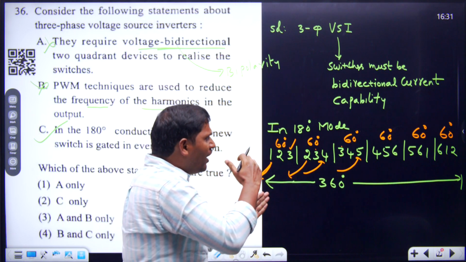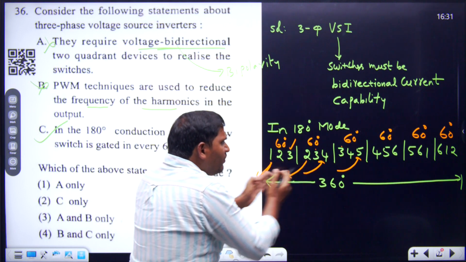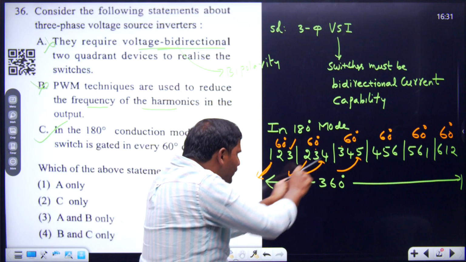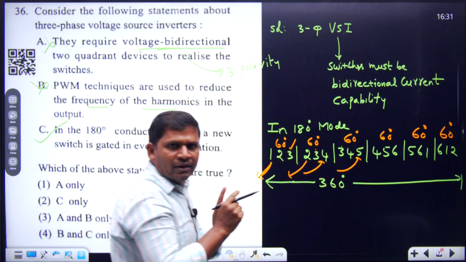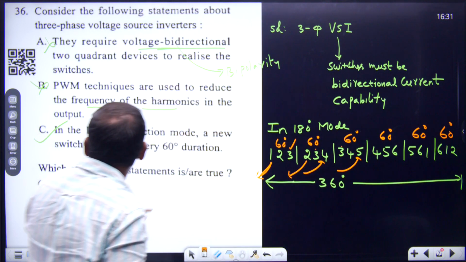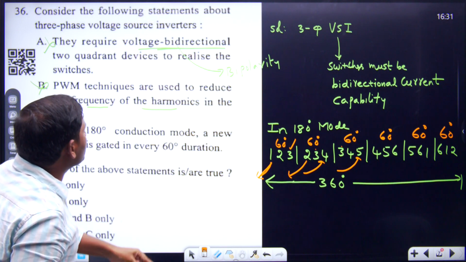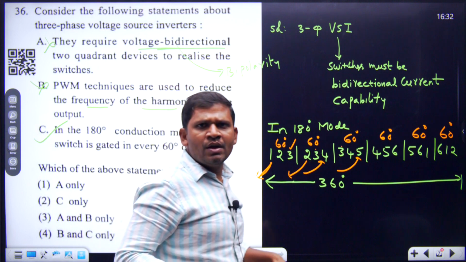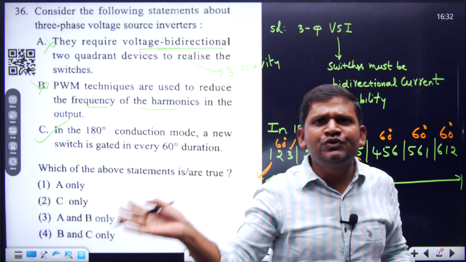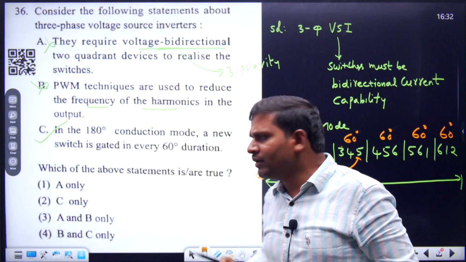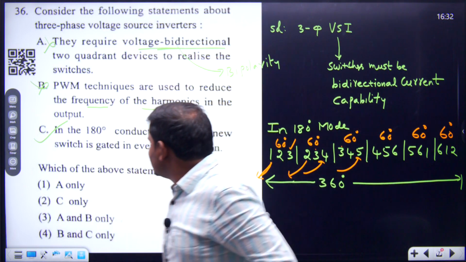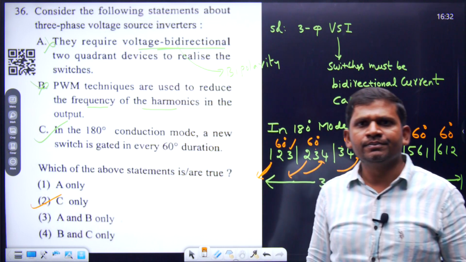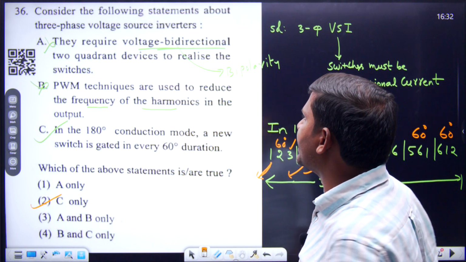That means for every 60 degrees, one switch is turned off and another switch is coming. In 180 degree conduction mode, a new switch is gated in every 60 degree duration. That's why only statement C is correct, that is option 2, students.